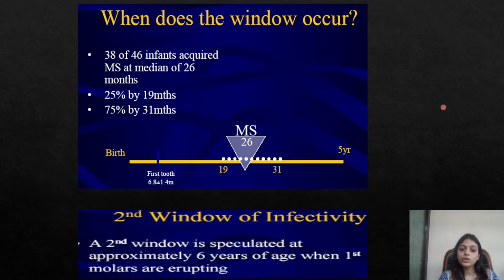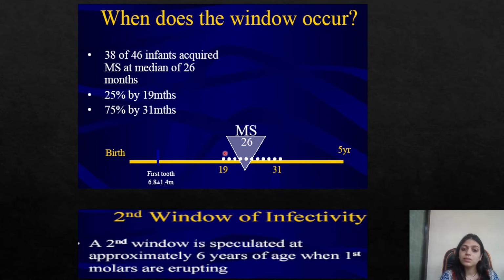Okay, now see, when does this window occur? There is a first window of infectivity which occurs when the first tooth erupts in the oral cavity, that is 6 months to 5 years, the primary dentition stage. The mean age which is considered is 26 or 27 months, and the range being 19 months to 31 months.